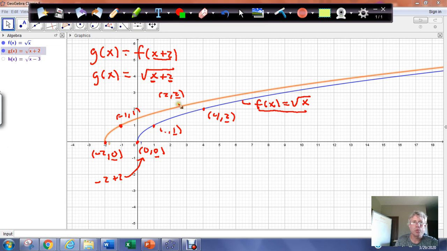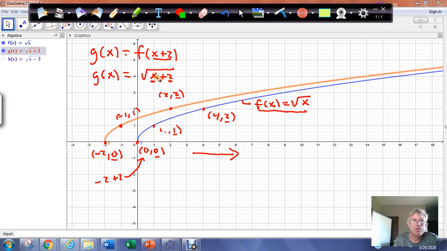I'm trying a new tool today, so I'm feeling inept. The thing that students have a difficulty with that I've noticed is they see the plus and they ask the question, why doesn't the plus shift the graph to the right? Why doesn't it shift it in the positive direction? But what you need to think about is what's going on when you add 2 to the input variable.